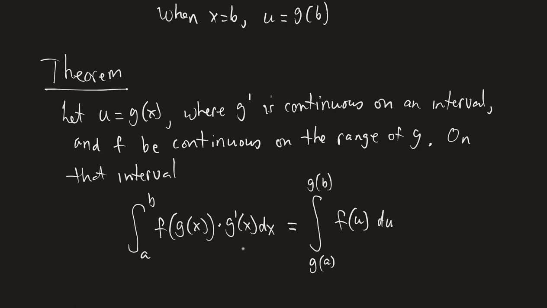So the whole idea is with our choice u equals g of x, we convert everything over to an integral in terms of u.